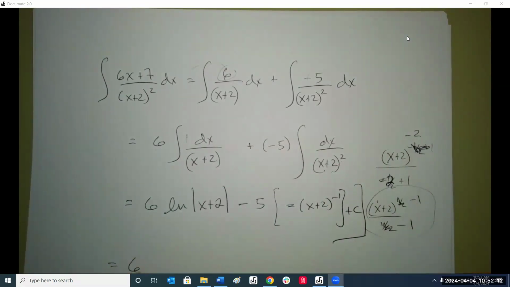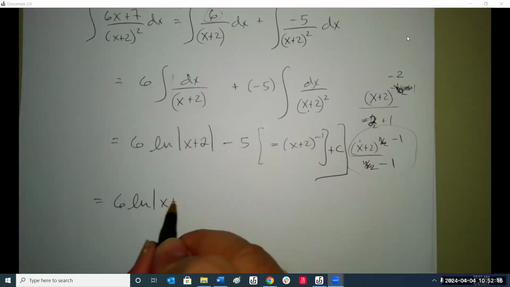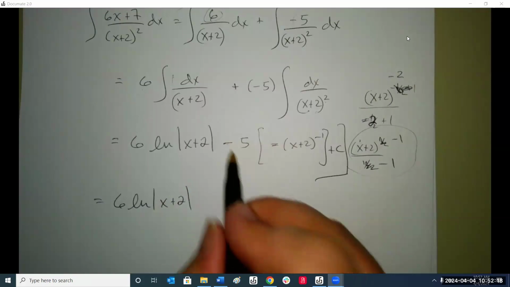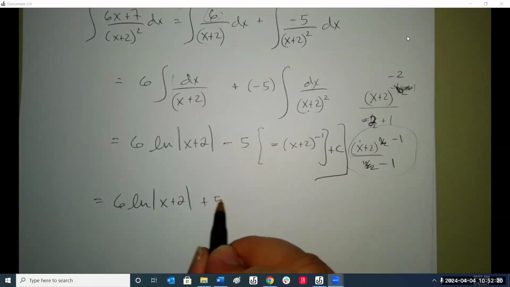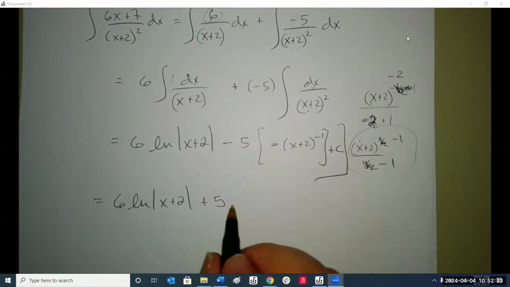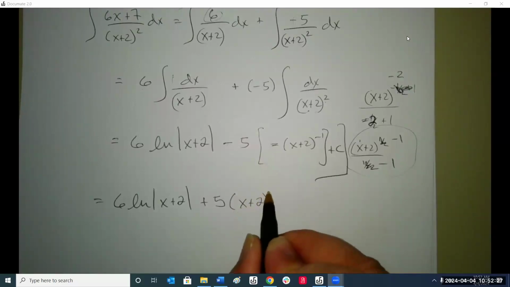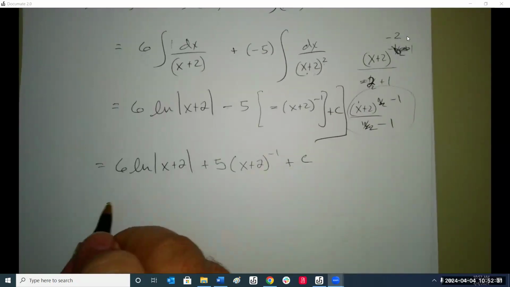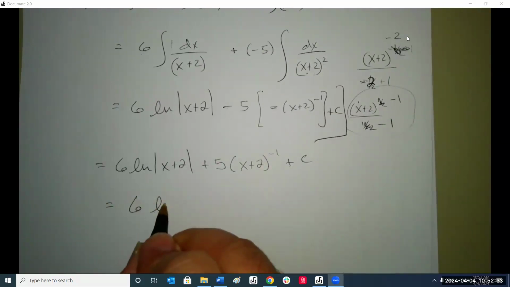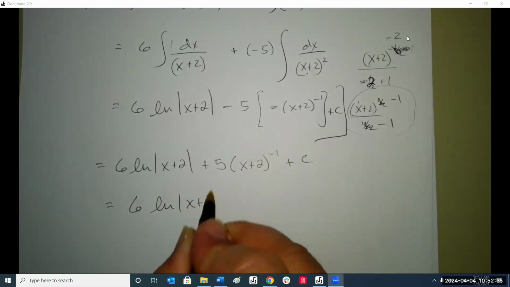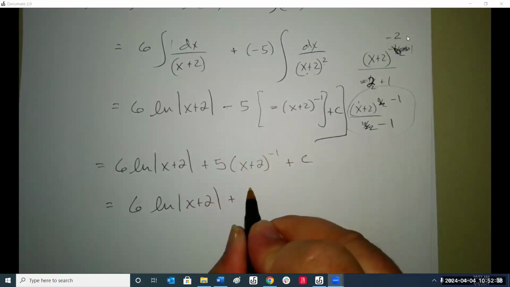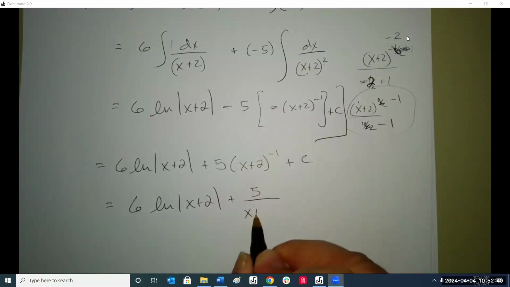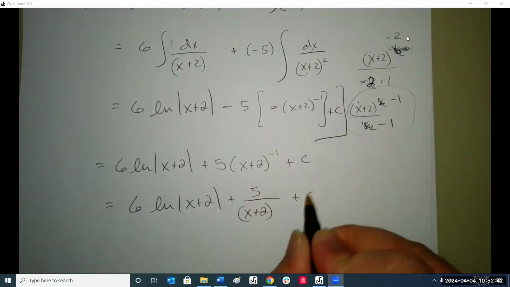So the final answer is 6 ln |x + 2|. Negative makes it a positive, so plus 5(x + 2) to the power -1 plus c, or 6 ln |x + 2| plus 5 over (x + 2) plus c.